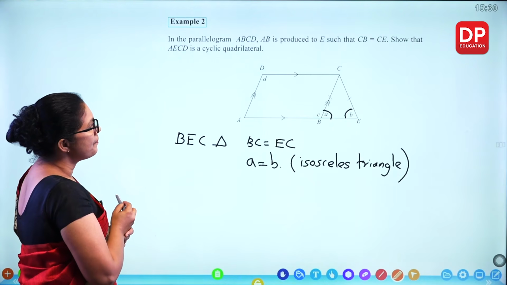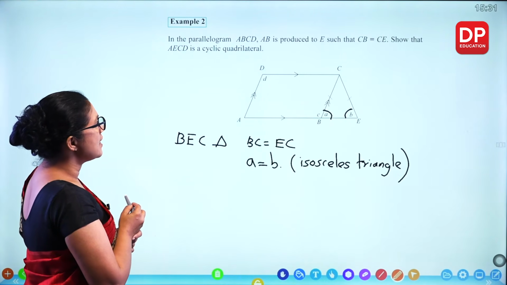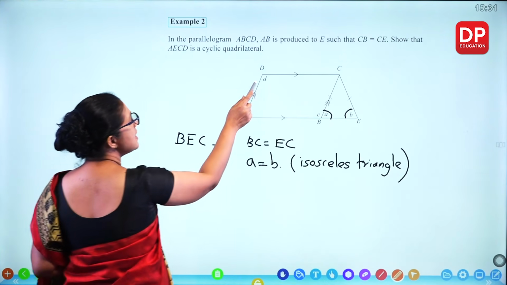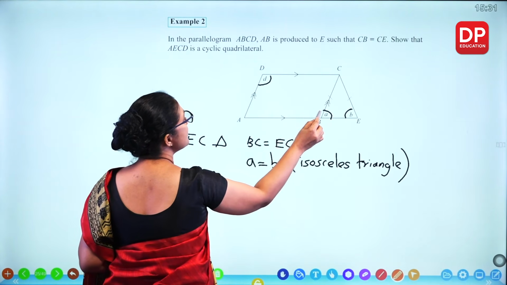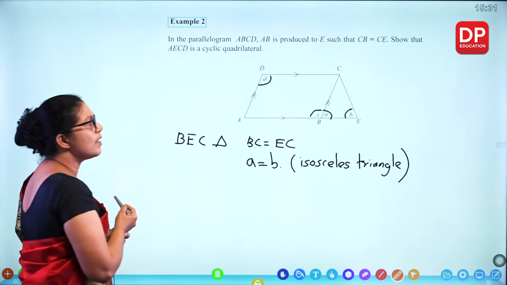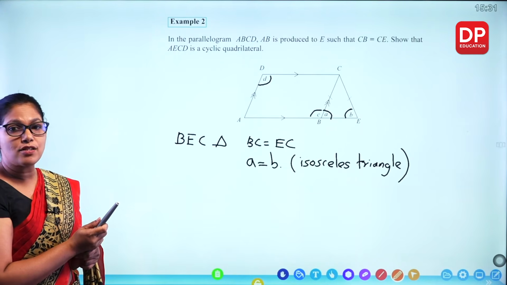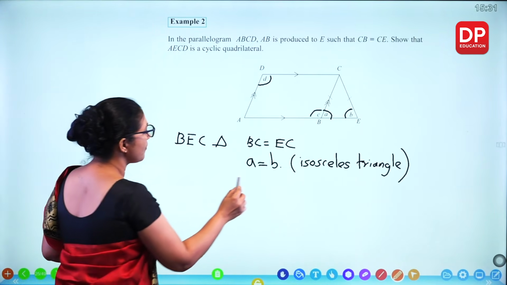Then what else we can say? D and C. What can you say about D and C? D and C are equal. Opposite angles of a parallelogram.